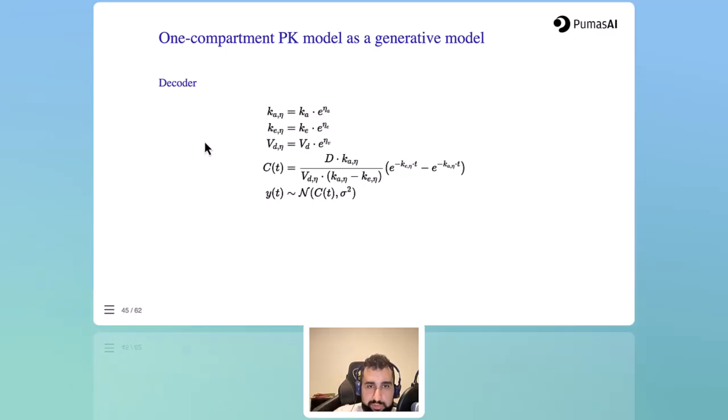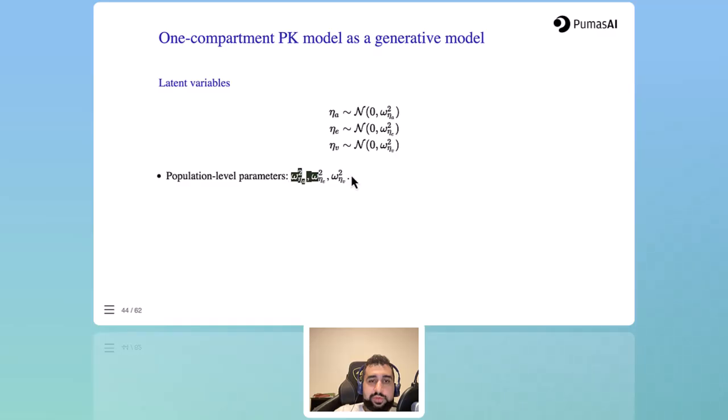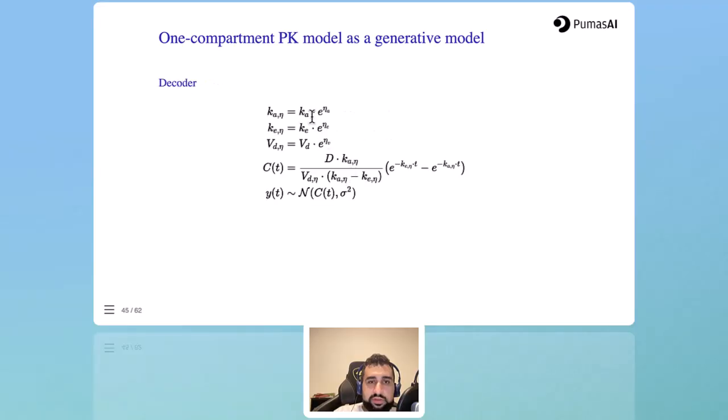Those are all additional population parameters on top of the omegas that we need to optimize. Commonly, these would be called the omegas, these would be called thetas, and this is just the sigma in standard nonlinear mixed effects terminology. But they're all essentially just population level parameters that we need to optimize.